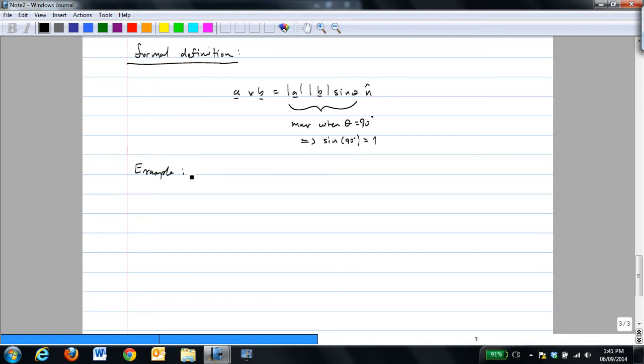So what is the cross product of these two vectors? A, which equals 2, 3, 4, B, which equals 5, 6, 7.